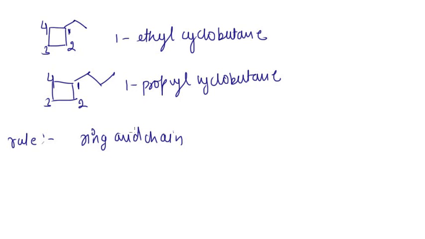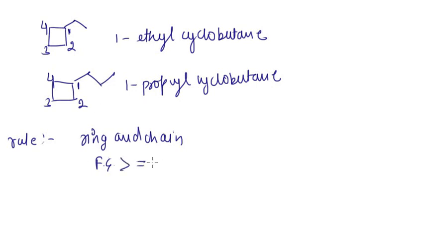We first see where the functional group is present. Although we haven't seen functional groups in our tutorials, we will see which has the functional group. If the ring has the functional group, we keep it as the principal carbon chain. And if the functional group is outside the ring, then the chain will be the principal carbon chain.